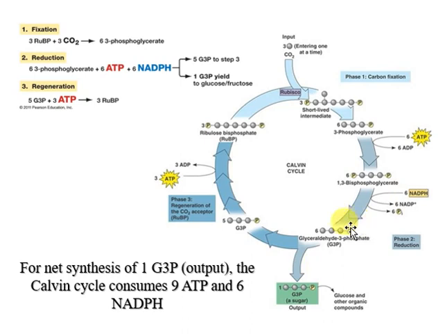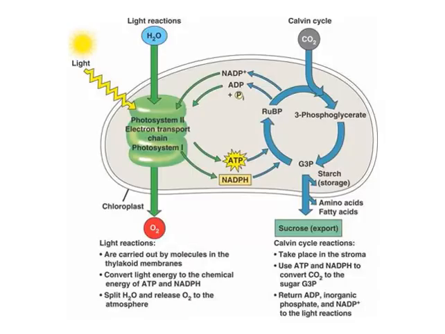And again, that G3P that's leaving the Calvin cycle becomes the starting material for metabolic pathways that synthesize other organic compounds, including glucose, sucrose, and other carbohydrates. So those are the 2 major processes of photosynthesis. Again, starting with light reactions, right, which are going to occur in your thylakoids, and then followed by your second process, which is the Calvin cycle, your dark reactions that occur in the stroma.